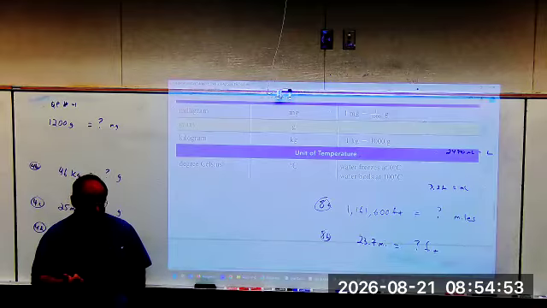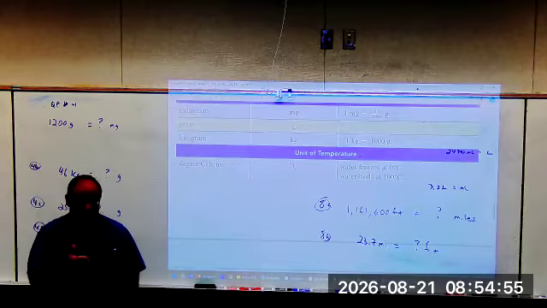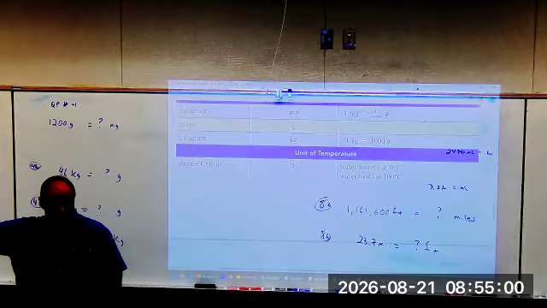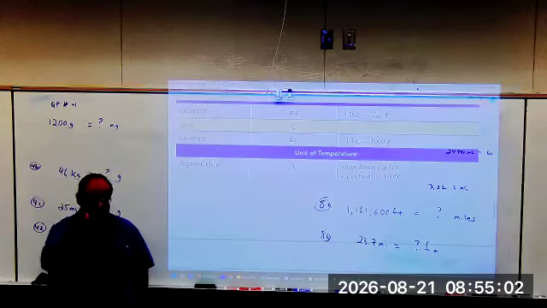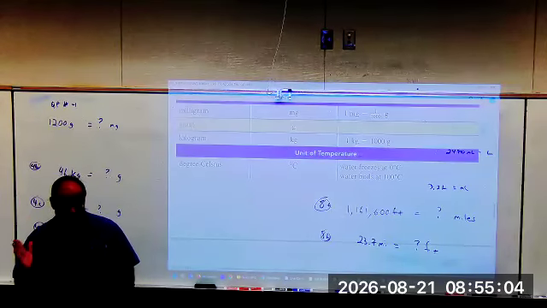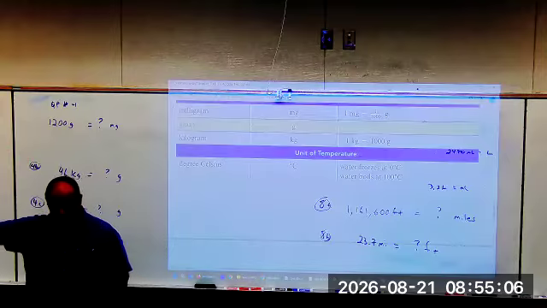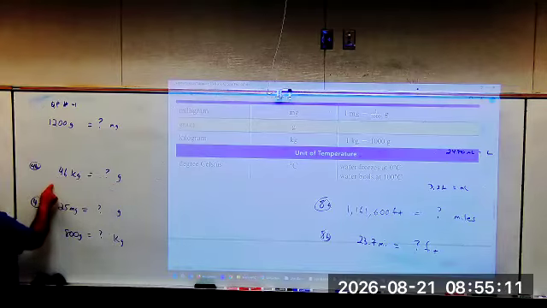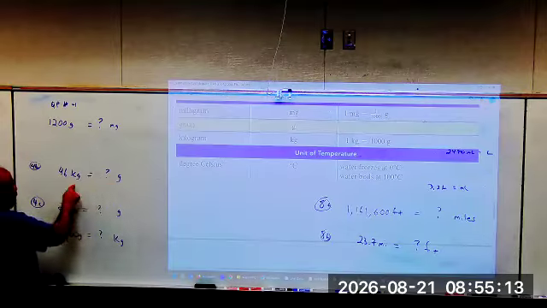Now, here's the problem. You can only do that if you're right next door to the next value. I can only go from one unit to the next unit if I know that conversion. If you want to leap over and go from, like in this problem, kilograms to, well, that's actually one number.